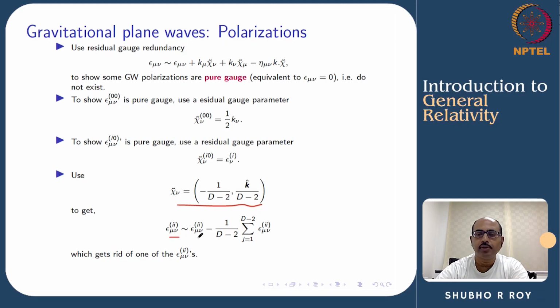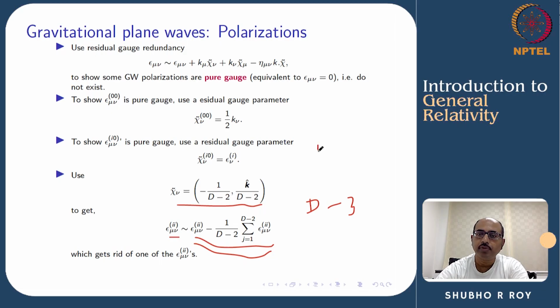Epsilon mu nu is gauge equivalent to epsilon mu nu minus this quantity, and you can show that because of the subtraction, the number of independent components is reduced from d minus 2 to d minus 3. Why? So this is the gauge transformed polarization. Starting from this, we can do the gauge transformation and arrive here. If you add them, they will turn out to be 0.